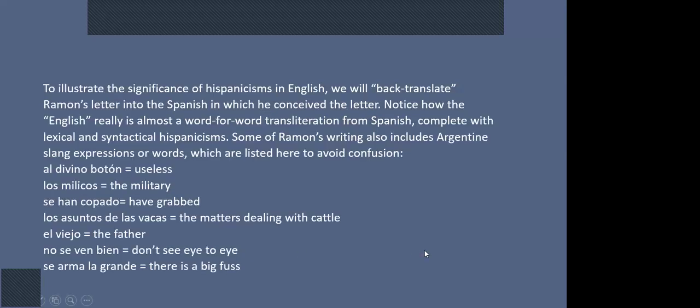So I'm going to bring in from my source an example of how these Hispanicisms play along and do not always help preserve meaning. Here in these slides there's a letter.